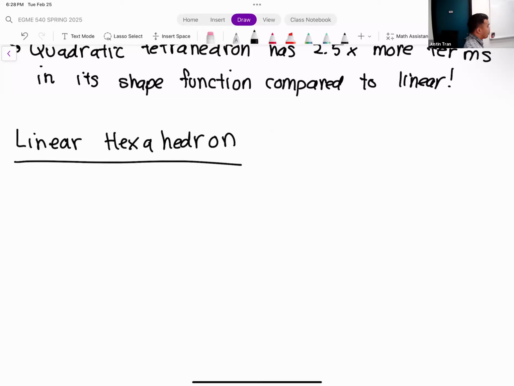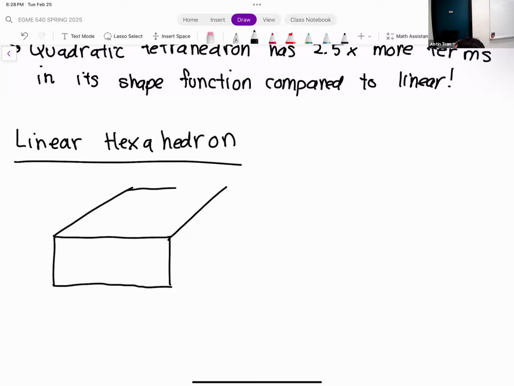The hexahedron is another fancy way to say it's a box, a six-sided Amazon package of an element. So we have 6 sides to this box, and the number of nodes that we have is 8.